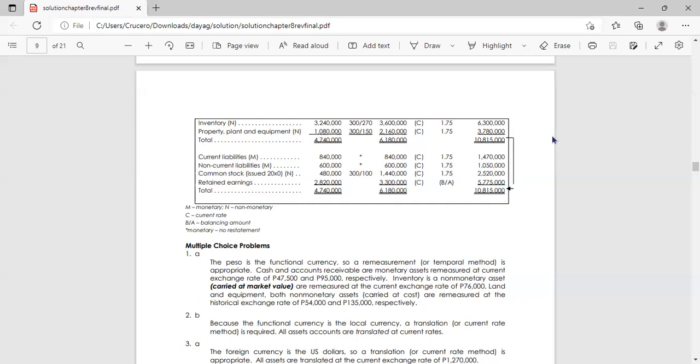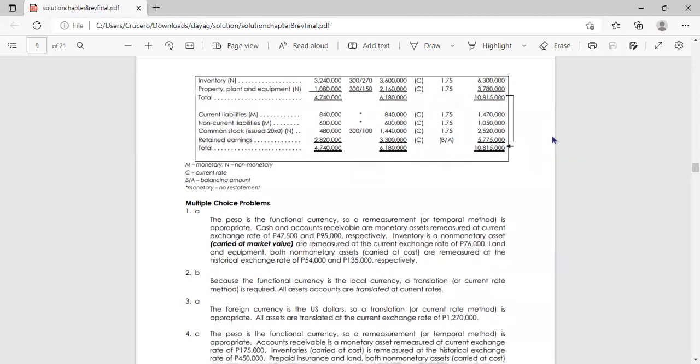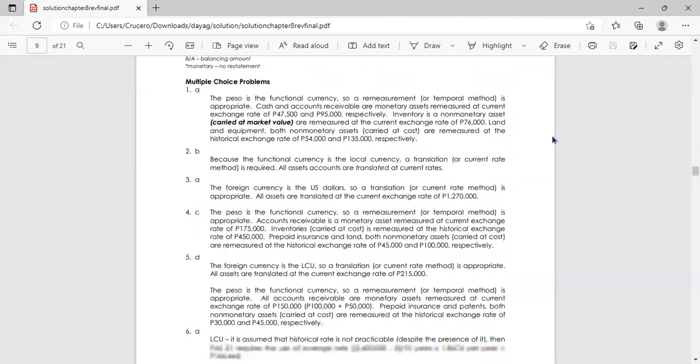Now we go to the multiple choice problems. I gave you only numbers 1 to 9, 25 to 26, 52 to 53, and 88 up to 98. So we now will start with questions 1 and 2.